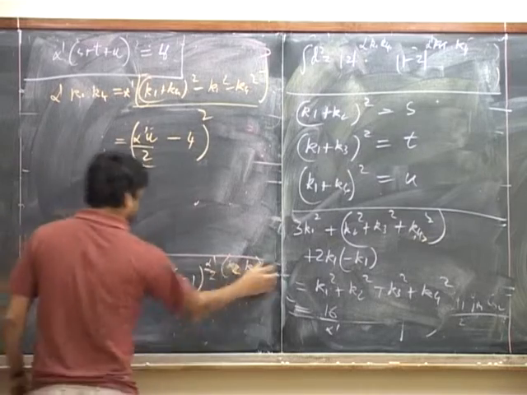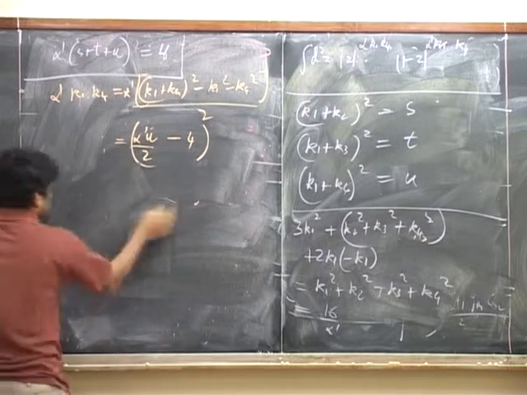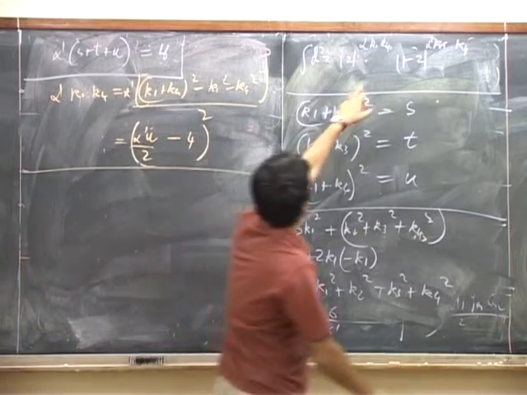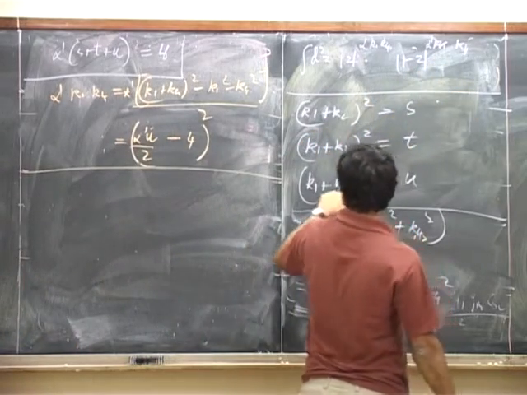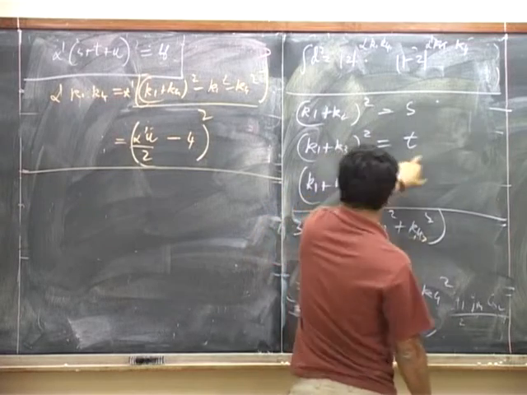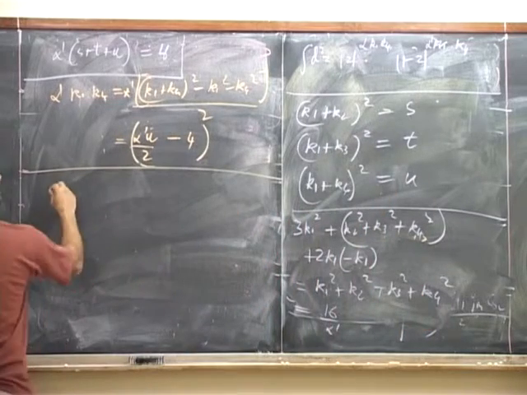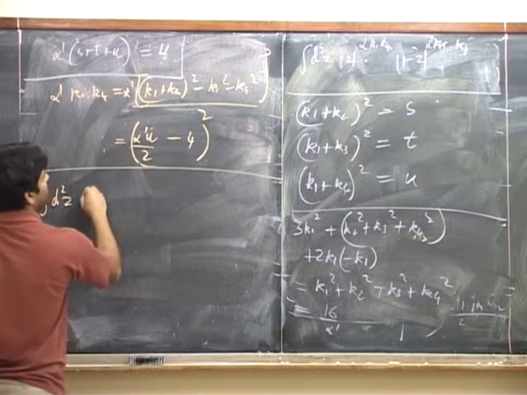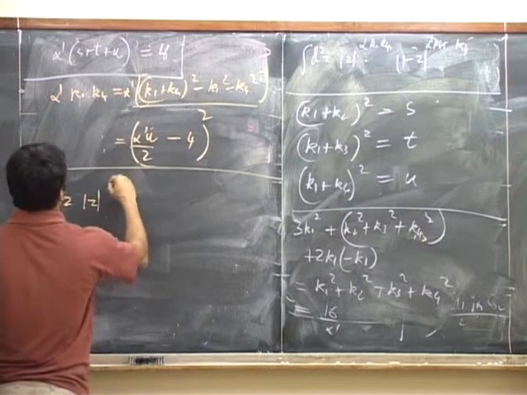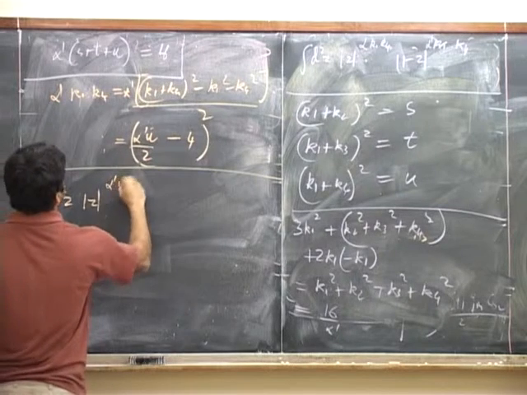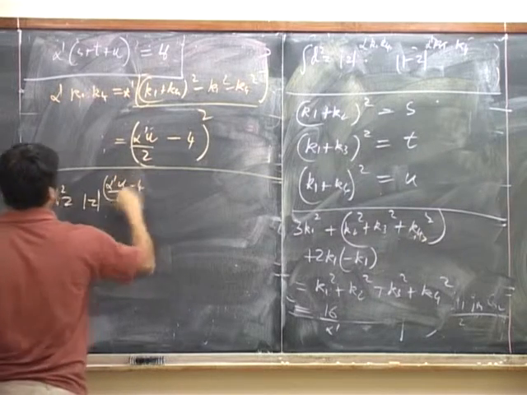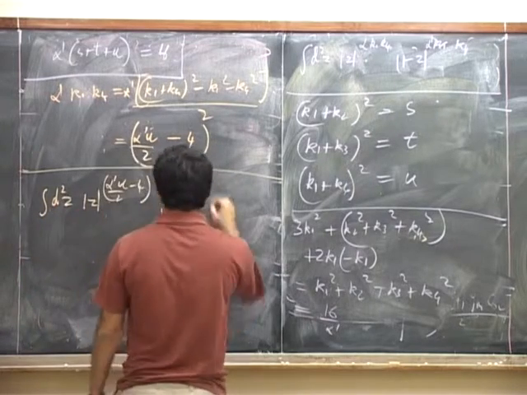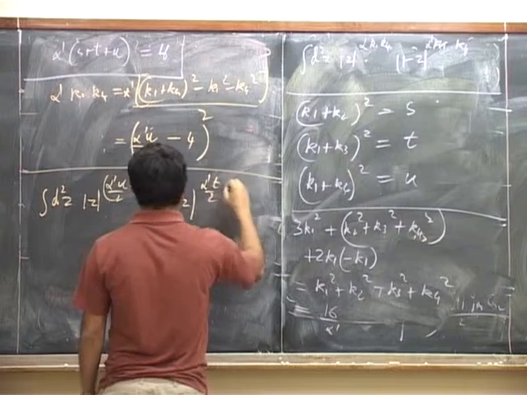Similarly, we can write k2 dot k4 as t. So this thing is d2z, z to the power alpha prime u by 2 minus 4, 1 minus z to the power alpha prime t by 2 minus 4.